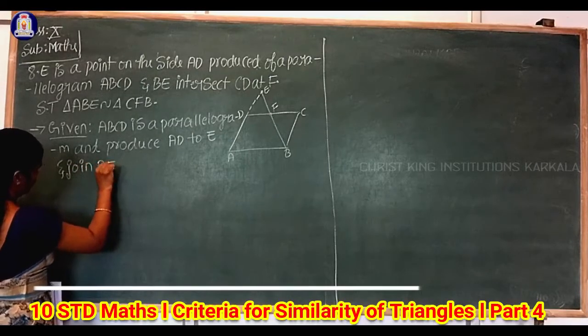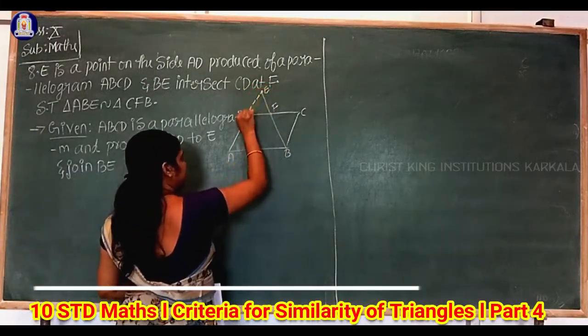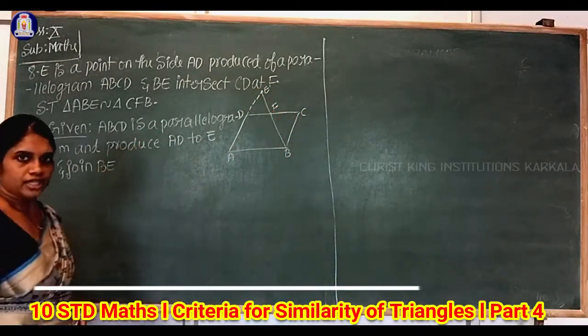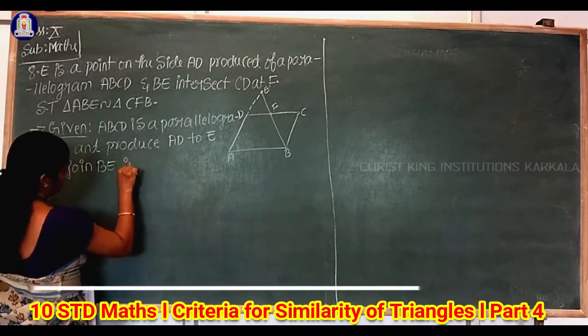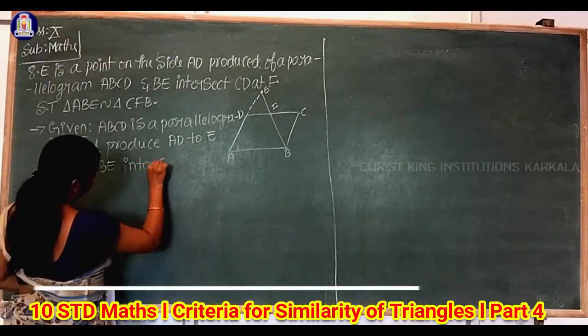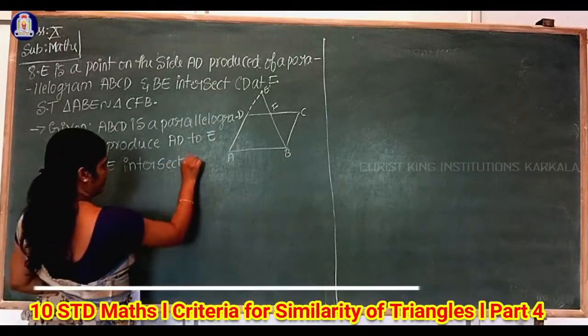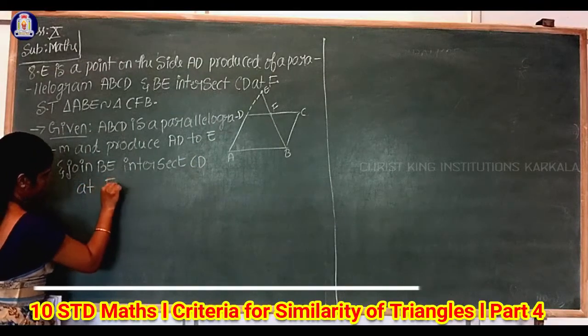But this line BE will intersect this CD at which point? At the point F, isn't it? Join BE, but BE intersects CD at F.